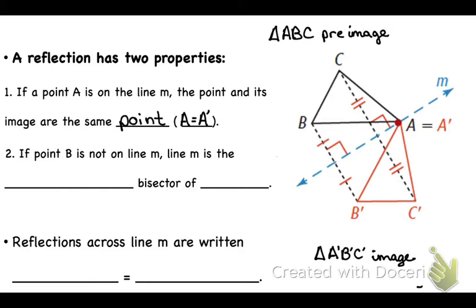So the second property, if point B is not on line M, then M is the perpendicular bisector of the segment B B prime.